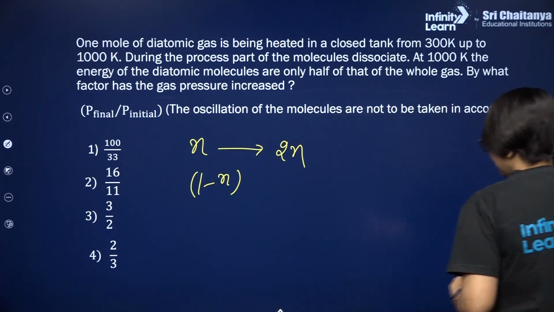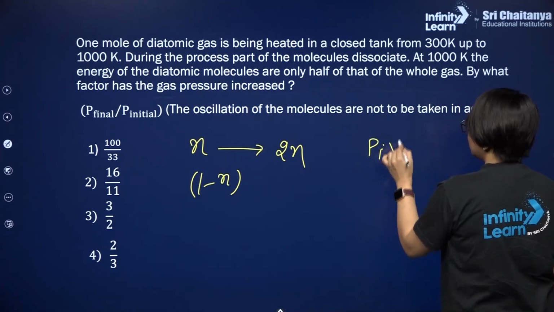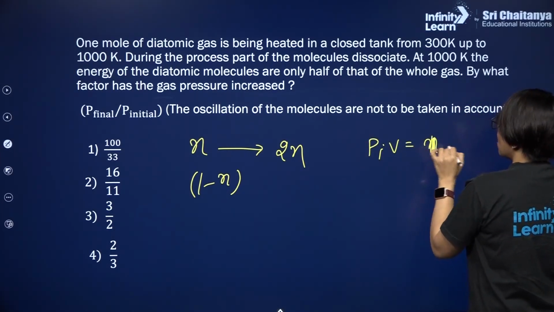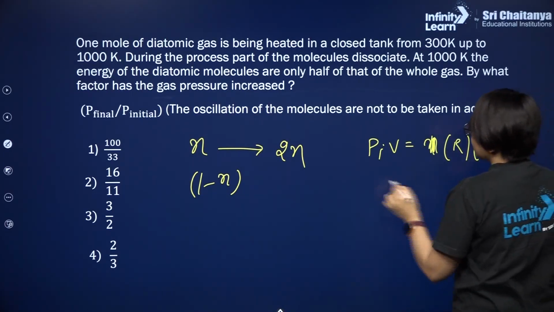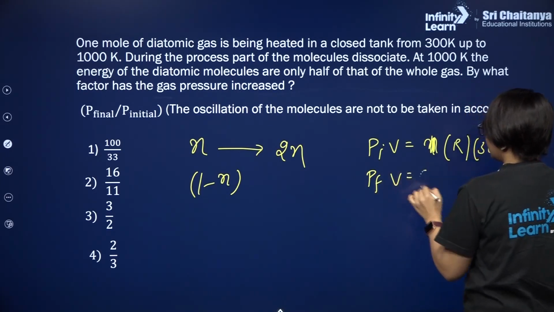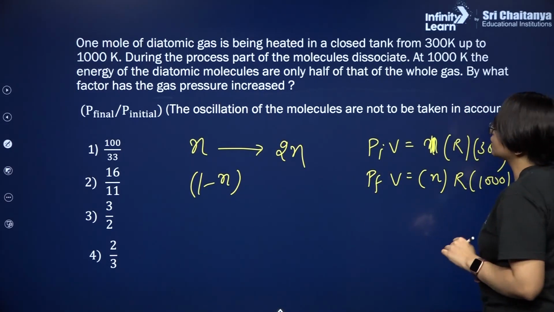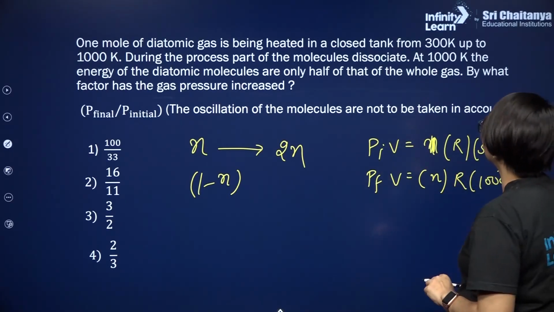If you apply PV equals nRT for the first situation, it is P initial into V is equal to 1 into R into 300. But for the second situation, we need to find the number of moles. It is given that the energy of the diatomic molecules is only half of that of the whole gas.